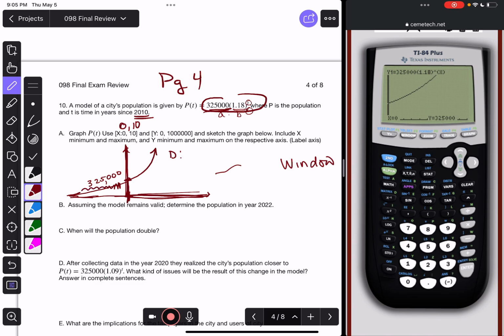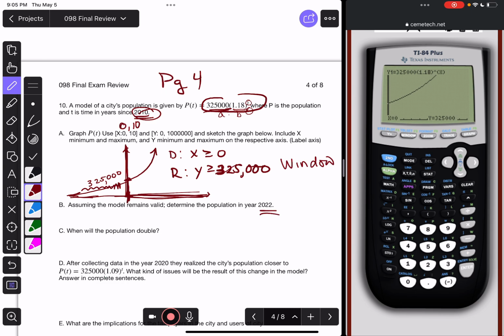So this equation only works from 2010 going forward. So your domain is 2010 is like our 0, so t is greater than or equal to 0. And your range is, well, it starts at 325,000, and up as the population grows.